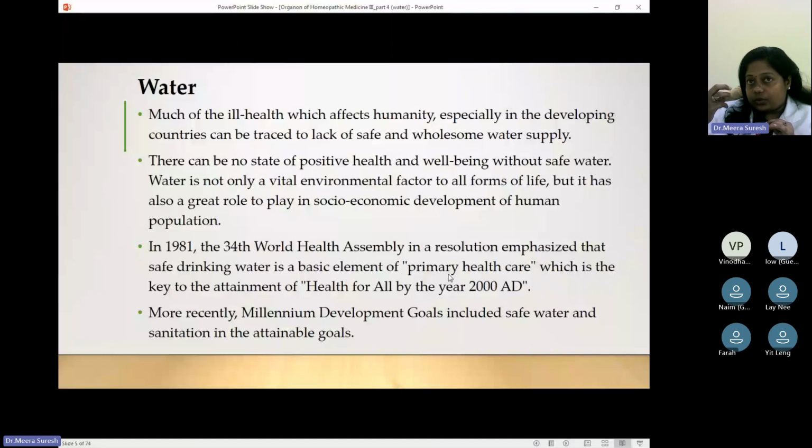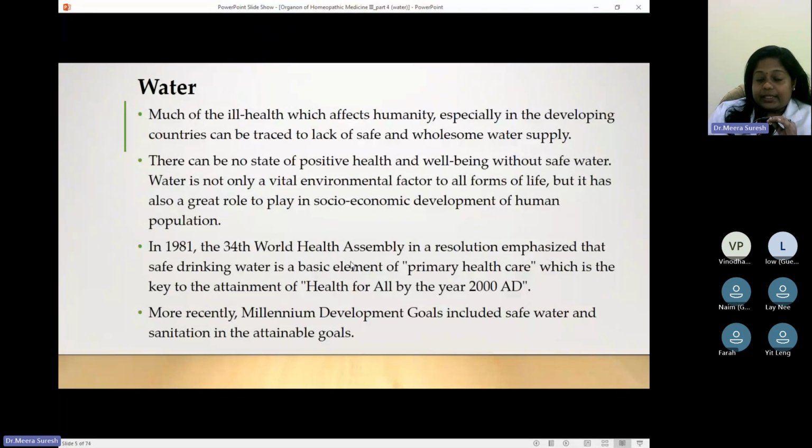Usually in primary health care, we think we are going to give only healthcare provisions, but it can vary according to the country. In India, the people responsible for the health post, and some government-recognized associations, take care that in that particular village there is a provision of safe and wholesome water, or safe drinking water.